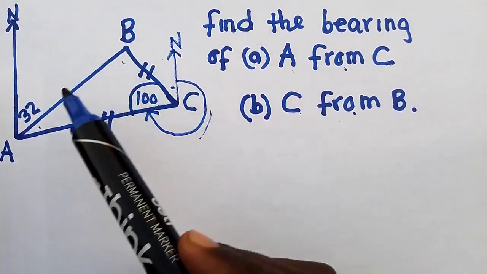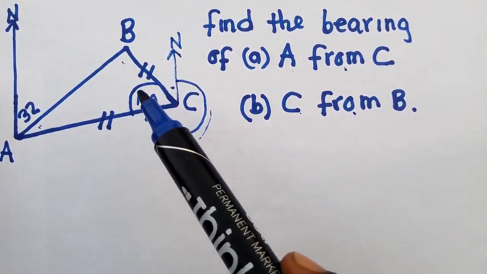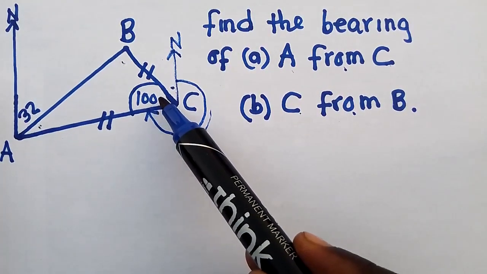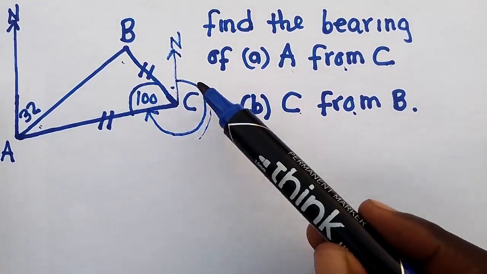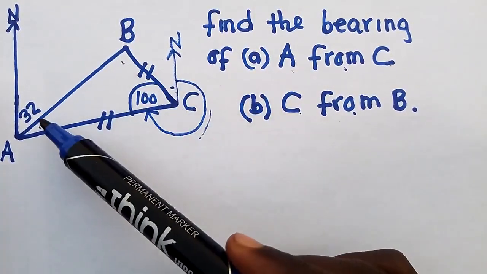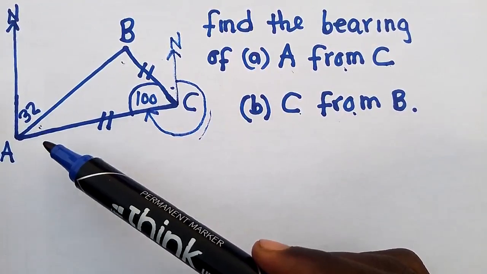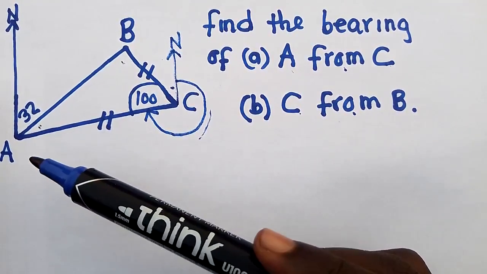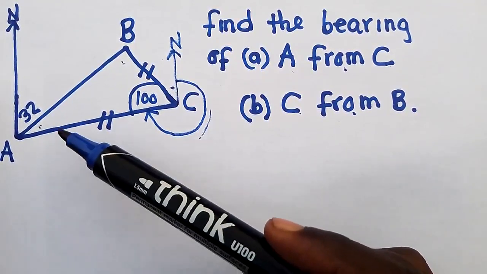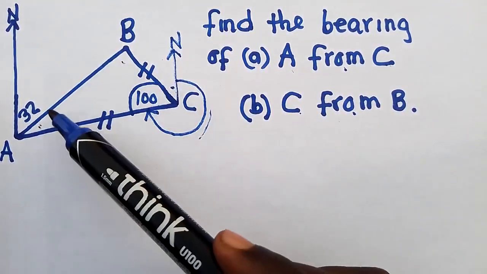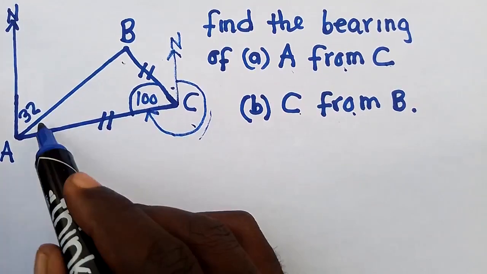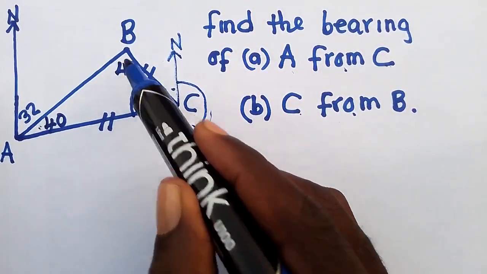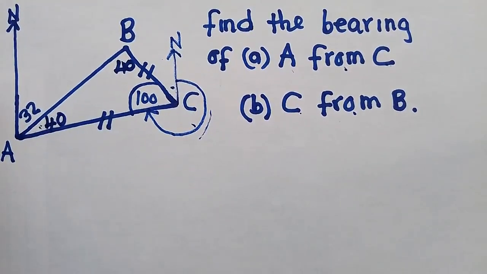We already have 100 here, and we don't know these values. So we say 180 minus 100, we get 80. This 80 is shared by these two angles equally, which means here you've got 40 degrees, and there we've got 40 degrees.